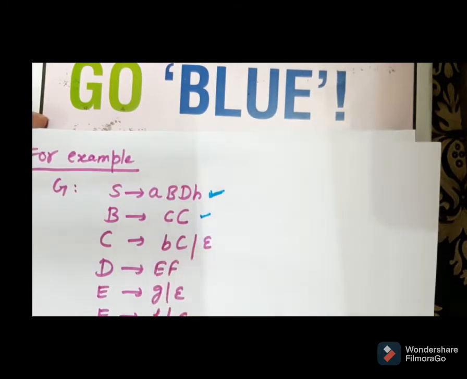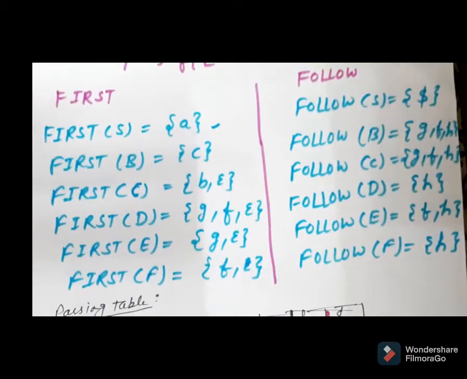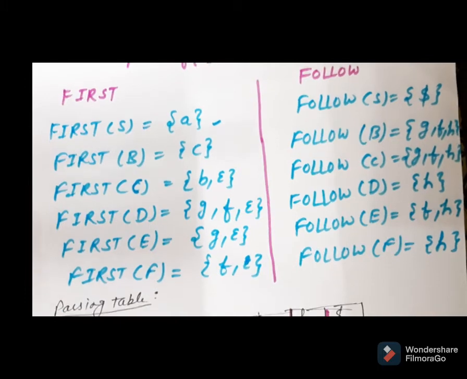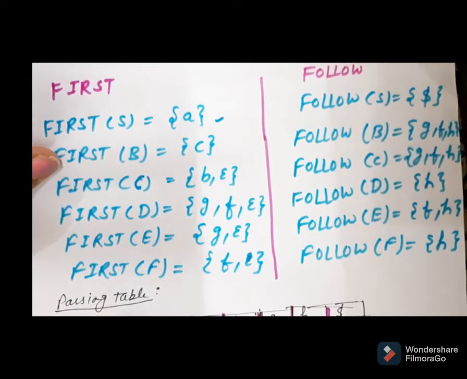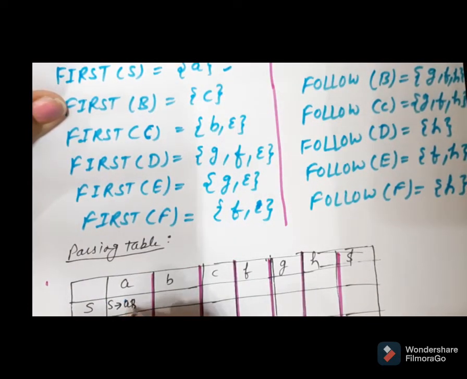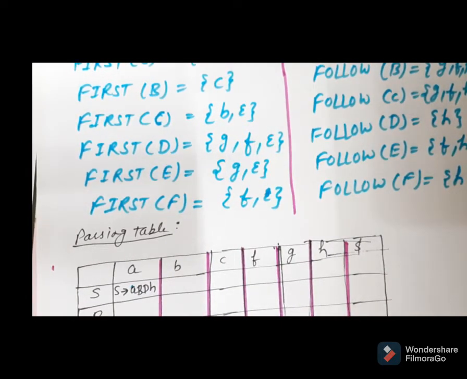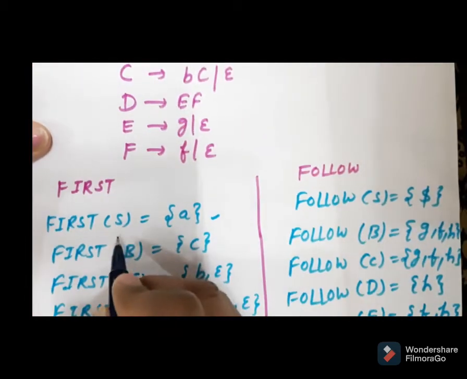With the help of this production I calculated first of S is A. So here I have to fill this table, so I will write here the production, because in the first case I have to write the production, which will be A, B, D, H. So this will be the production: S tends to A B D H, and with the help of this production first of S is calculated.